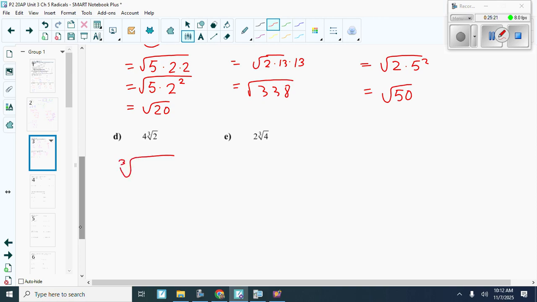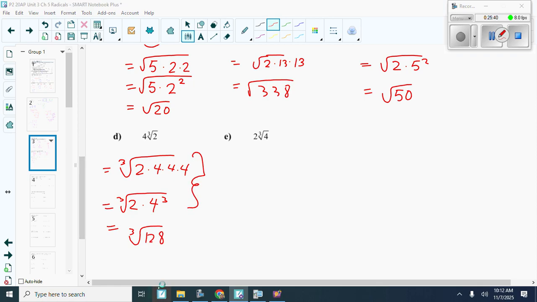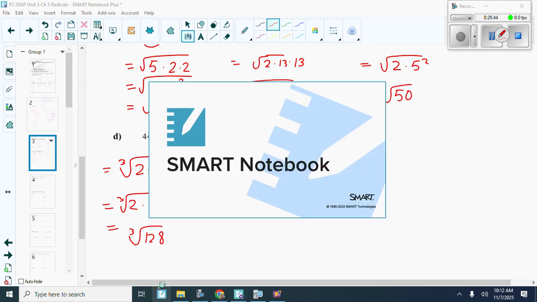Cubed root. Or you could write it like this. So these two, I certainly don't need to see them both. I'm just letting you know that these are equivalent. You could pick one or the other.